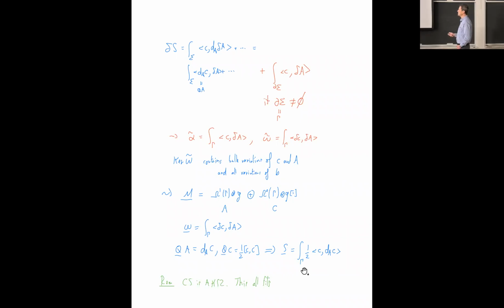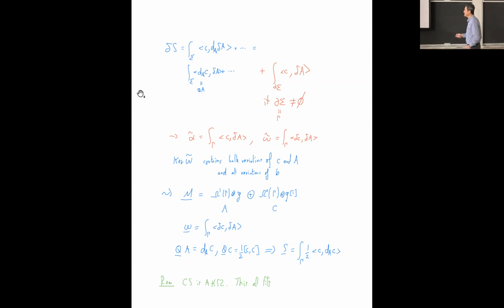So this tells you that what you do here is mod out by the kernel of omega twiddle, but the kernel of omega twiddle contains basically every possible variation of B and every possible bulk variation of A and C. So what is left in the quotient are just A and C on gamma.